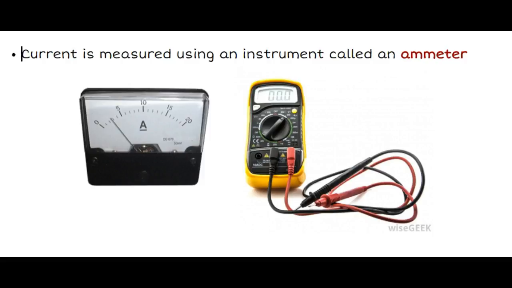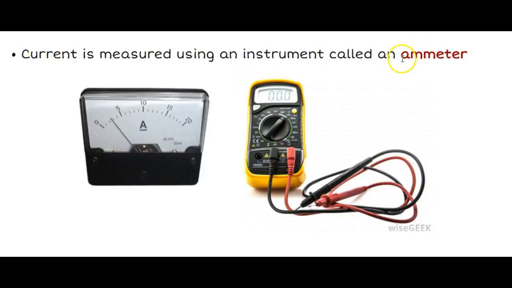So I'm sure you can imagine that there are certain tradespeople or engineers or maybe just a homeowner that may want to measure the amount of current that's passing through a specific circuit, like in your household. And the instrument used to measure the amount of current flowing through is called an ammeter.